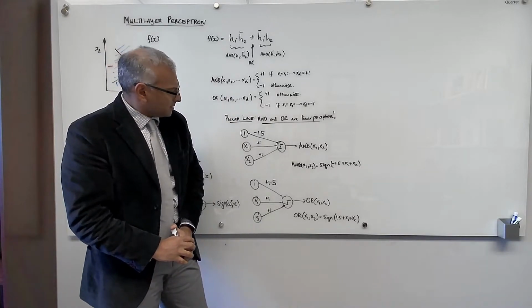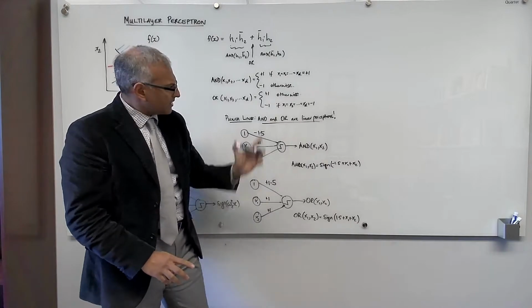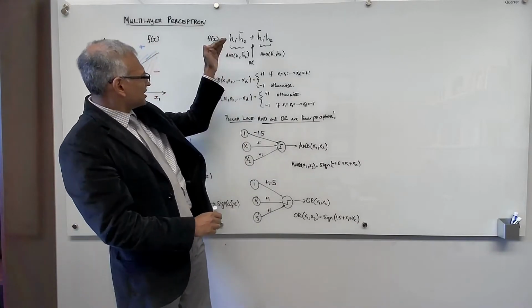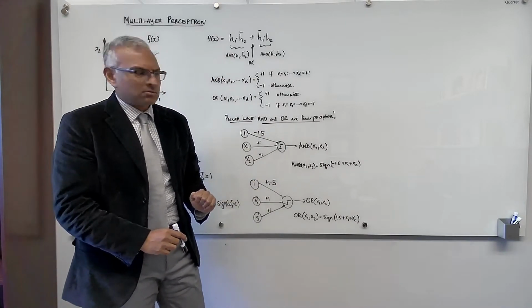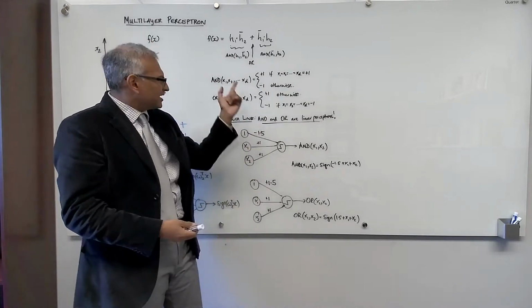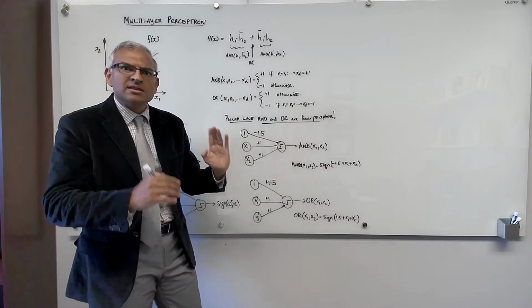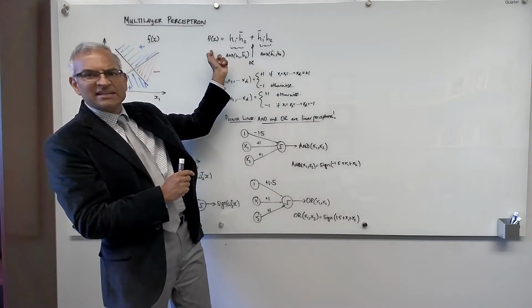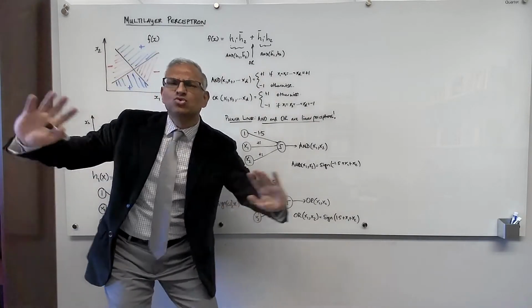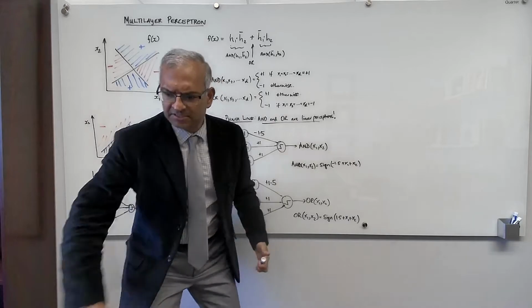Having proved that, I'm going to erase this. So all we really need is the fact that AND and OR are perceptrons. And now I'm going to show you how to implement f of x only using perceptrons.